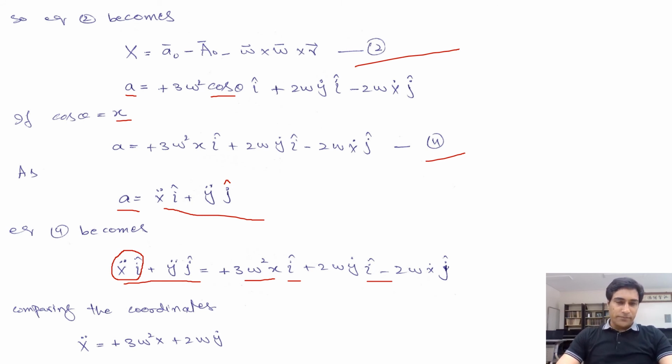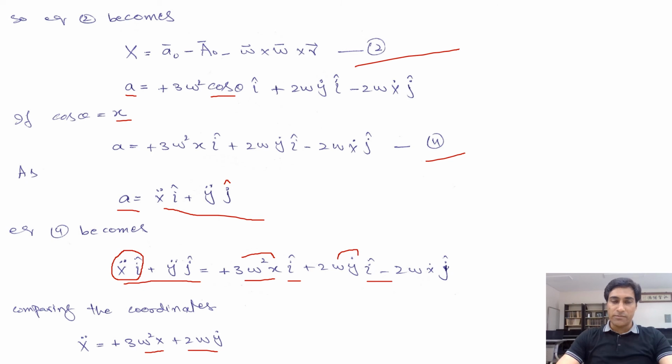So when we compare, x double dot, with the i unit vector, here there are two i unit vectors, so x double dot should equal 3 omega square x plus 2 omega y dot.